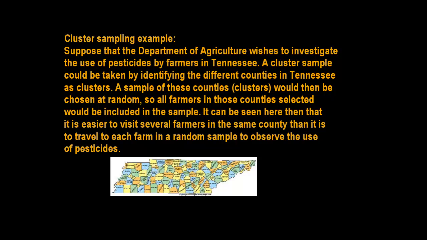So all of the farmers in those counties selected would be included in the sample. See, it can be seen here that it's easier to visit several farmers in the same county than it is to travel to each farm in a random sample to observe the use of pesticides. So instead of just getting all the names of the farmers in Tennessee and randomly selecting some to visit, it would be much more logistically simple and easier to handle if you select counties and then go to every farmer in the county.